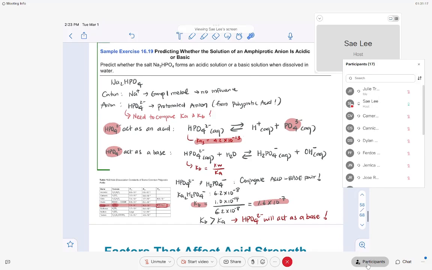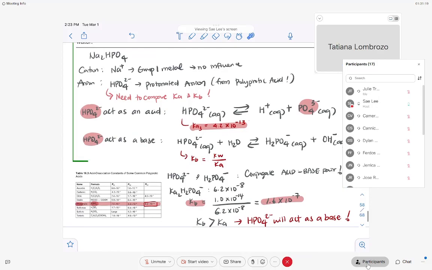Like what makes it act as an acid and what makes it act as a base? What makes it act as an acid? What makes it act as a base?